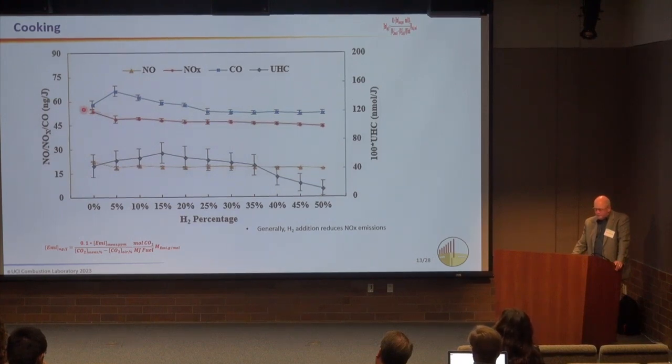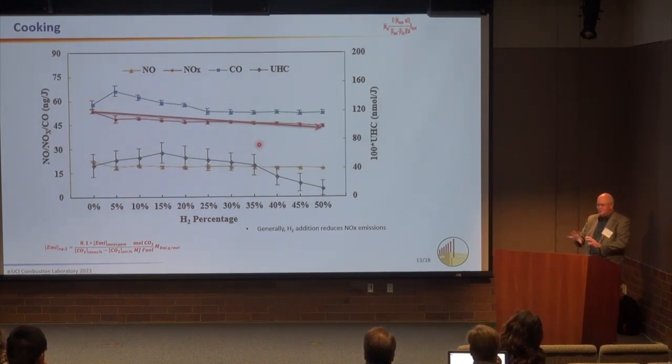If we look at the NOx behavior, we actually see that there's a steady decrease in NOx with higher amounts of hydrogen. Okay, and stoves, ovens, these things can tolerate up to maybe 50% hydrogen. Again, we're not changing anything on the device, just changing the fuel.